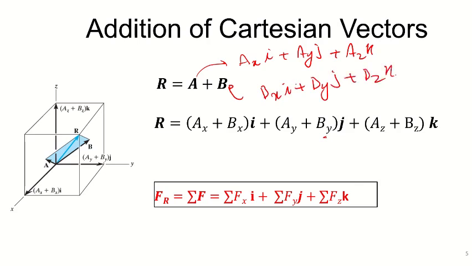So you take the i terms together, you can write Ax plus Bx. You take the j terms together, Ay plus By. Then you take the k terms together, you will get this, right?